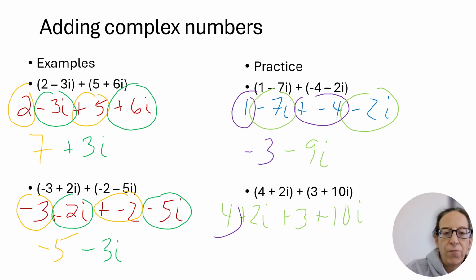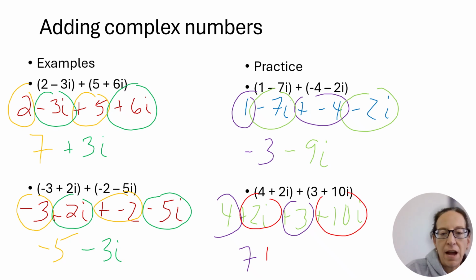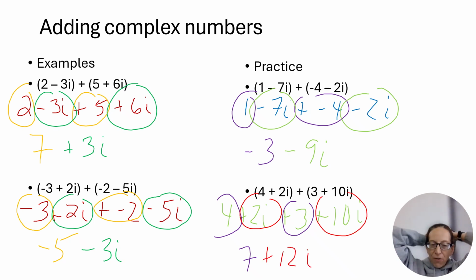And we have 4 plus 3, which is 7. And then 2i plus 10i, which is 12i. So hopefully that went okay. Common mistakes are usually sign errors with the adding and the subtracting of the negatives. So that's usually what goes wrong.